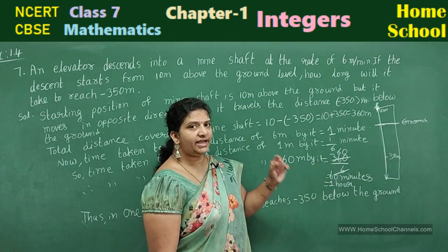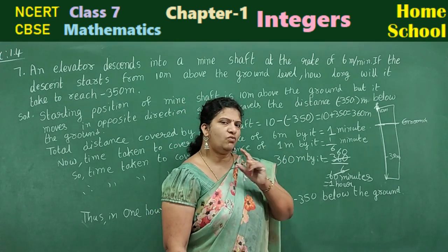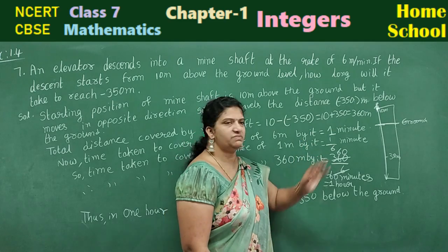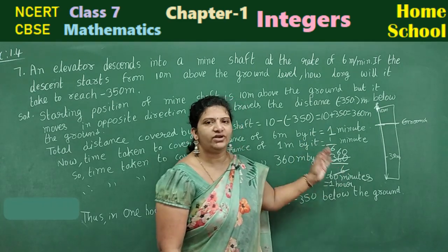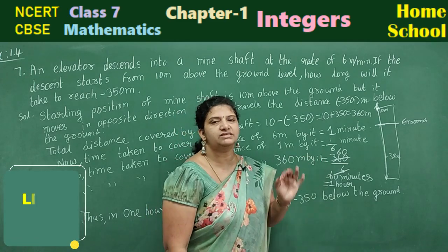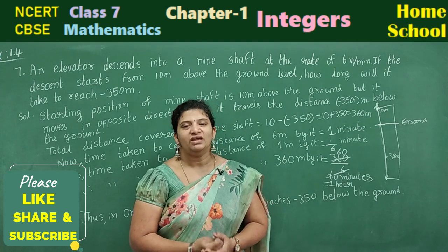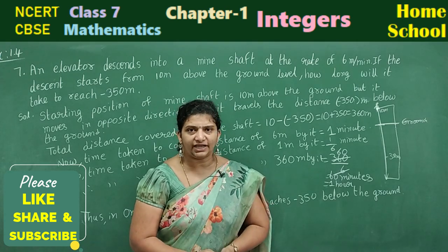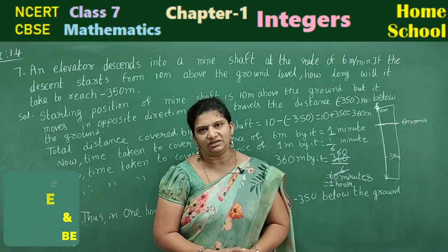It takes 1 minute for 6 meters, so 1 meter takes 1 by 6 minutes. Total distance 360 meters, 360 by 6, that will be 60 minutes. 60 minutes is nothing but 1 hour. Therefore, the elevator takes 1 hour to reach minus 350 meters.